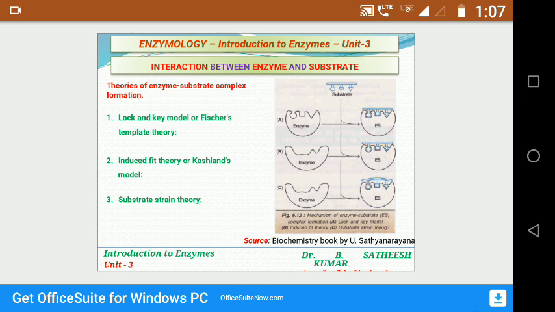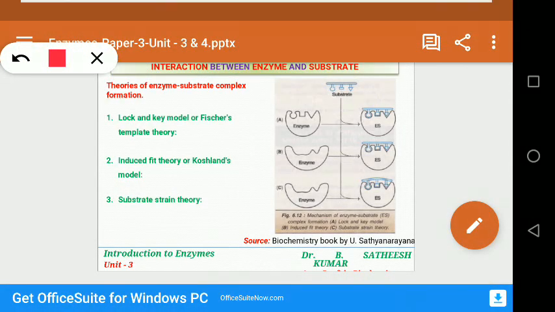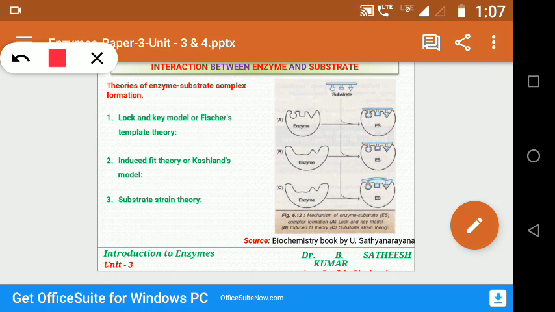In the same way, Fisher proposed in the lock and key model that the enzyme has a predetermined active site. Suppose this is the enzyme, and this enzyme has this active site. Only this substrate fits in this active site, because it has a completely complementary structure.